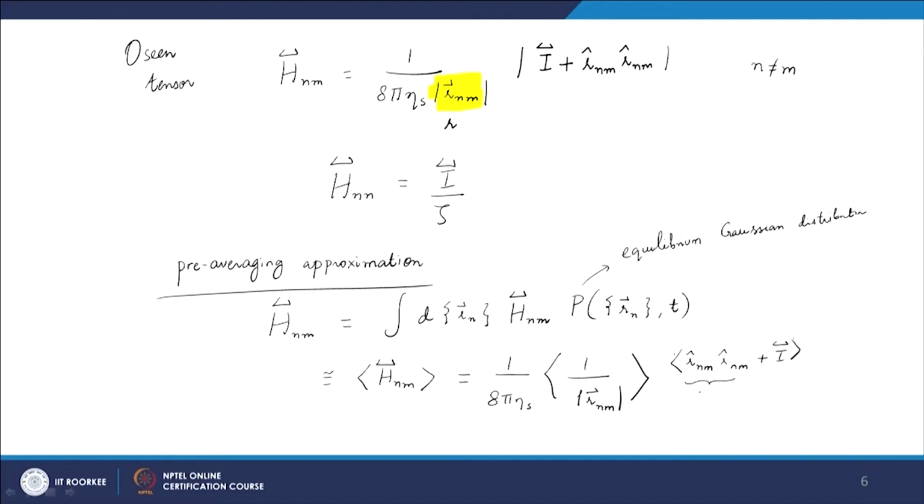This happens to be I by 3, the ensemble average of that, and so I have, so I am simply replacing R_nm by R_n minus R_m. Okay.